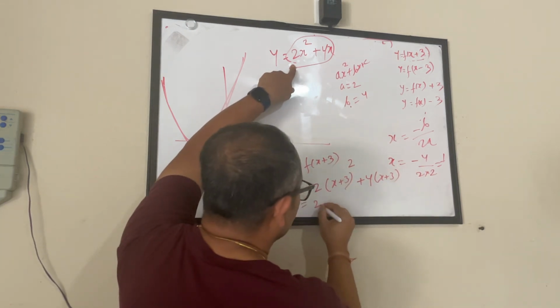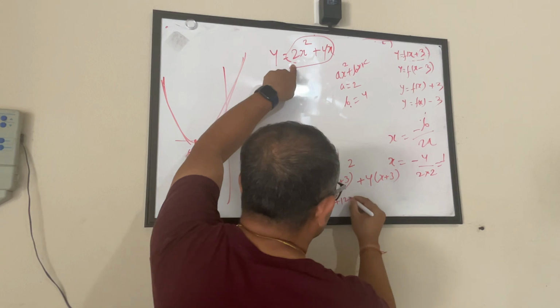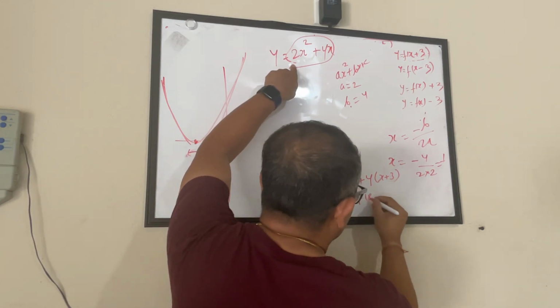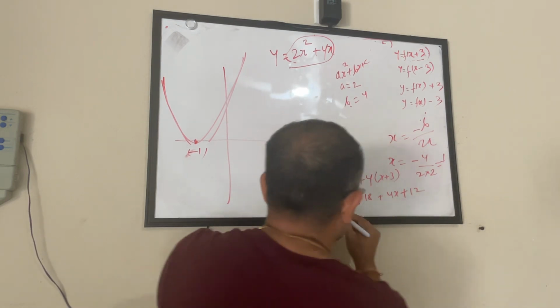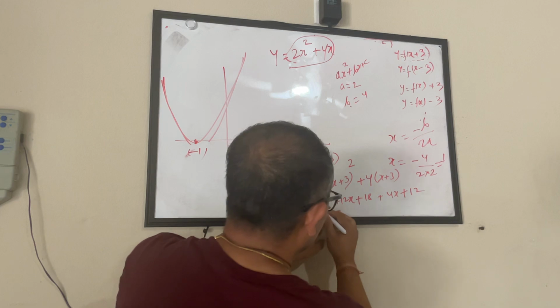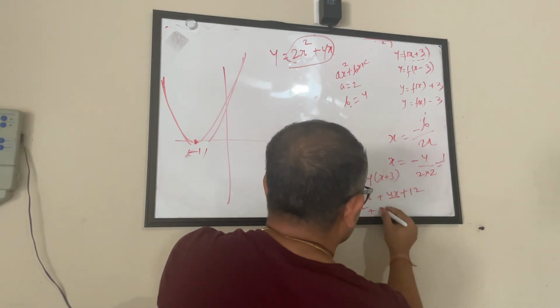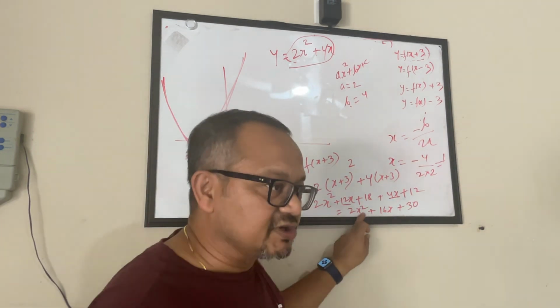This becomes 2x squared plus 12x plus 18, plus 4x plus 12. So here it will be 2x squared plus 16x plus 30. So this becomes my equation.